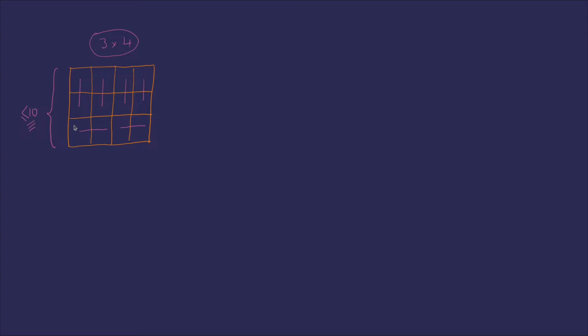Let's consider what happens for various cases of n. For example, if n is equal to 1, then we will have a simple line of length m, and we would like to know how many possible ways there are to tile this line. Obviously, we cannot use the vertical tiles, so our only option is to use horizontal tiles.